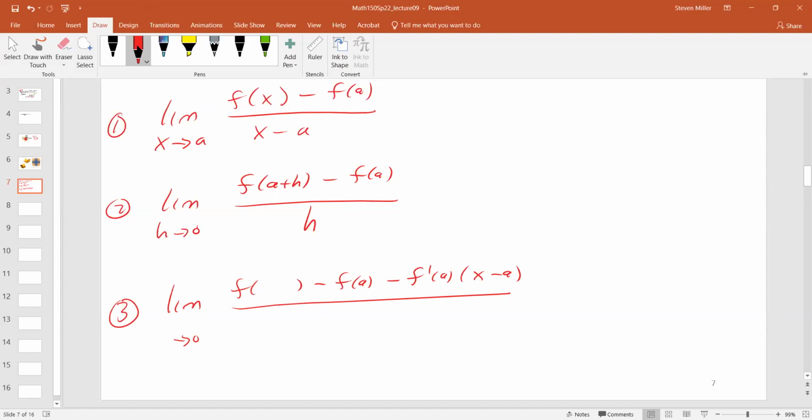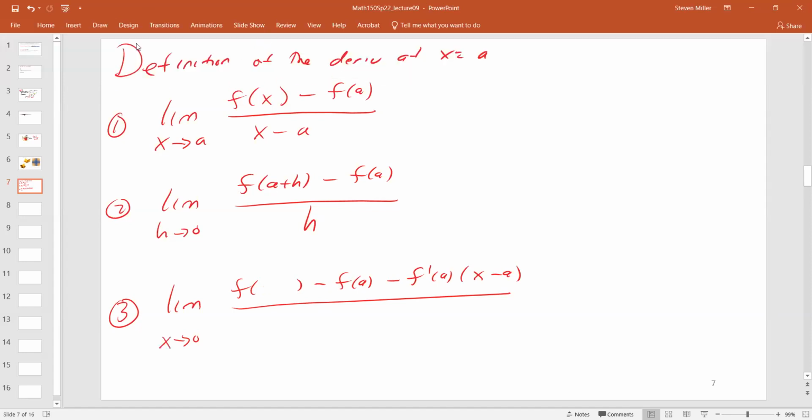The limit as x goes to a of f of x minus f of a minus f prime of a times x minus a, over x minus a. With a little bit of work, you see that I can represent this as the limit as x goes to a of f of x minus f of a over x minus a, minus f prime of a.